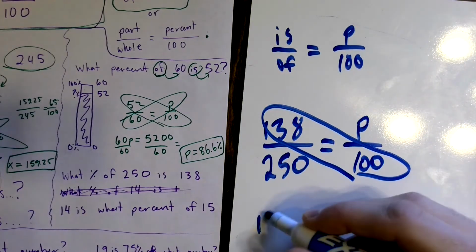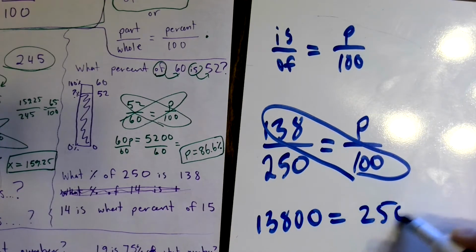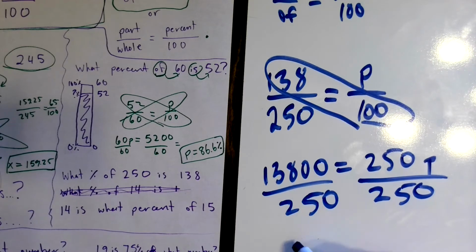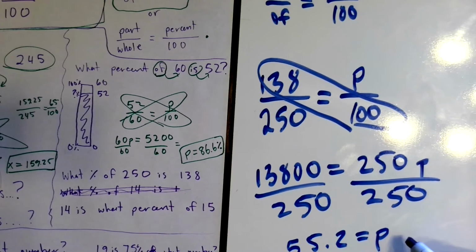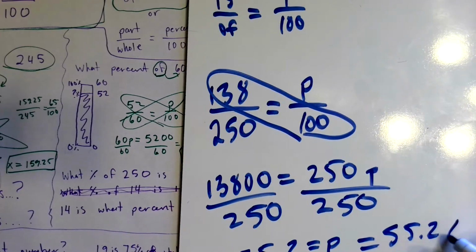Work on that cross multiply, add two zeros onto that, equals 250p. Divide each side by 250 to get p all by itself. I'll punch that in my calculator and I will get 55.2 equals p. We're talking percentages, so that equals 55.2%.